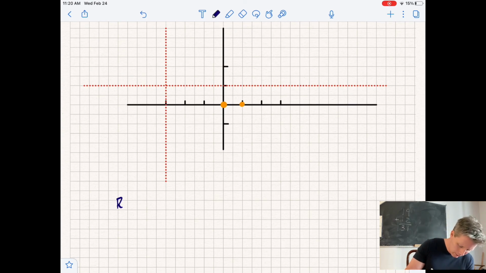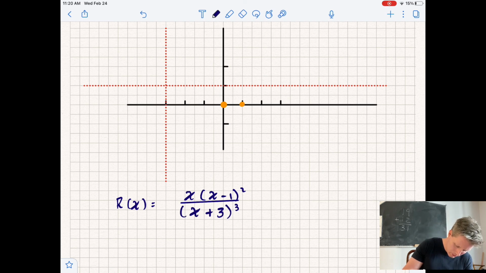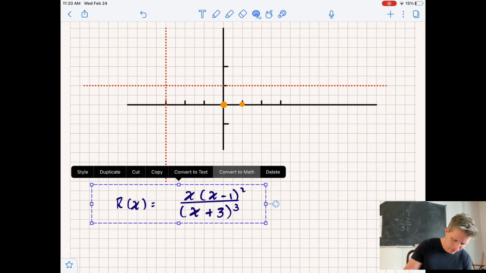So r of x is x times (x minus 1) squared all over (x plus 3) cubed. Just convert this here.